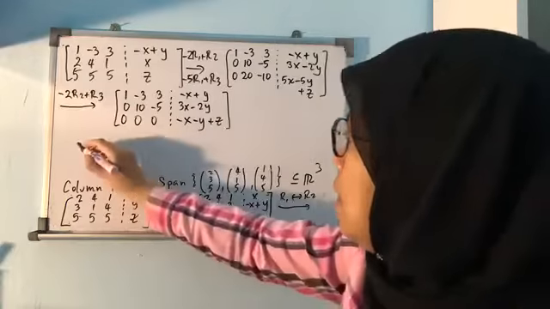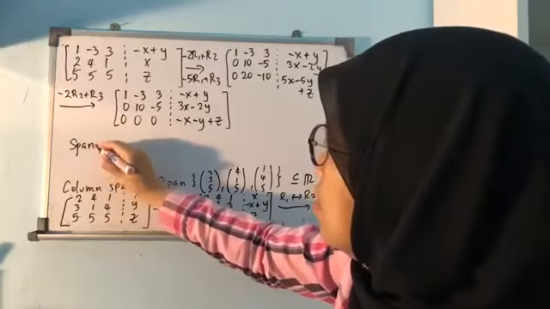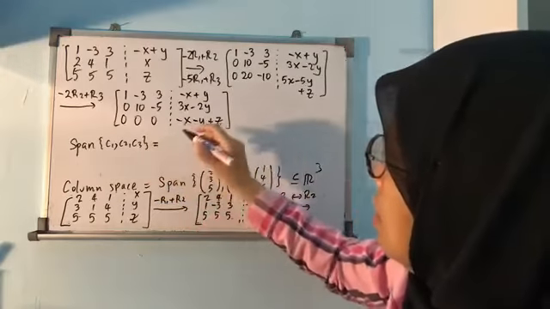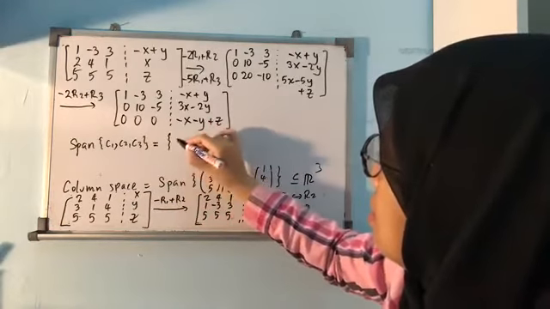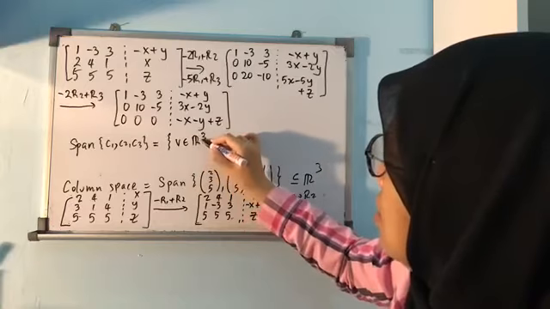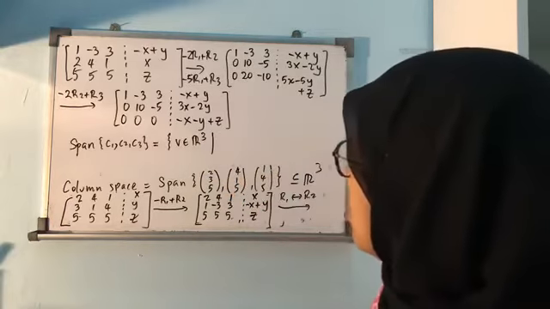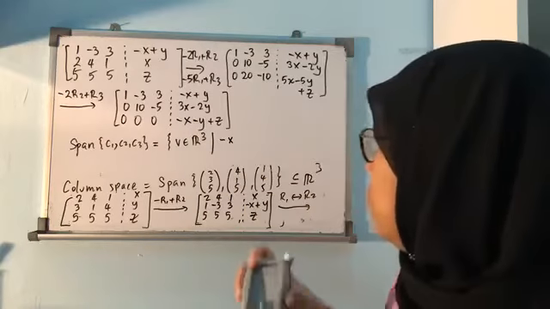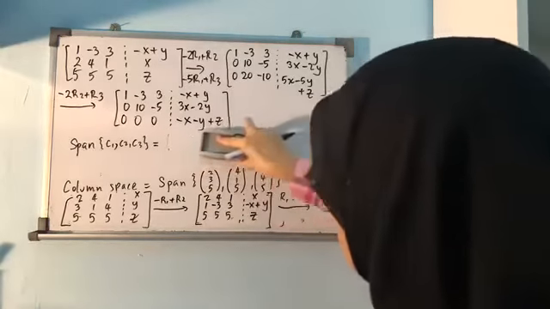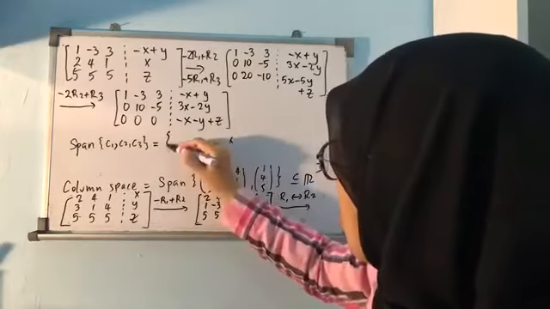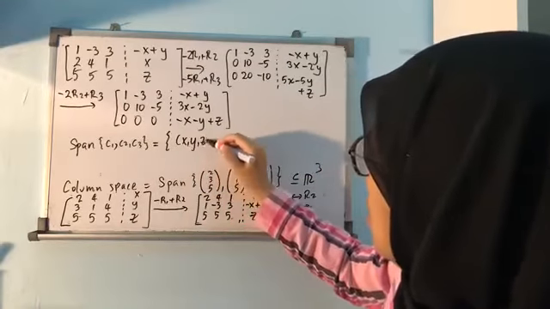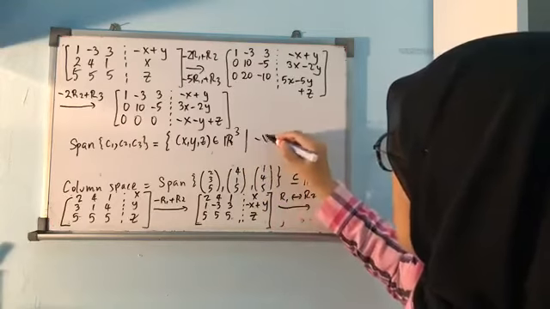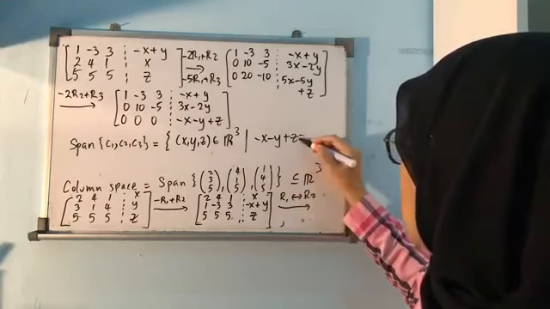Okay, so the span of the column is V in R3. Negative x, oops, sorry, I better put V equals (x, y, z) in R3, negative x minus y plus z equals 0.